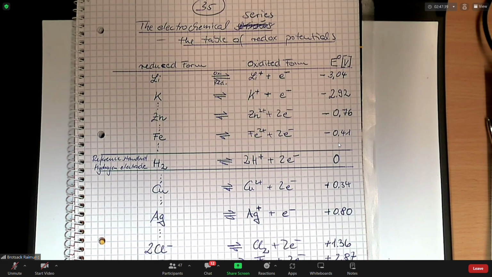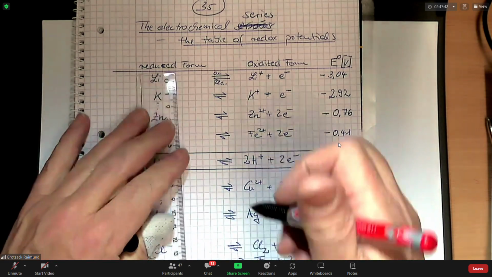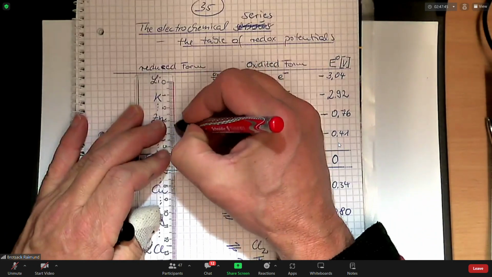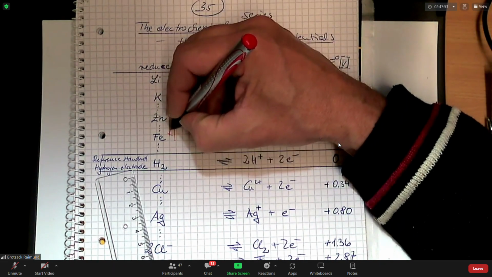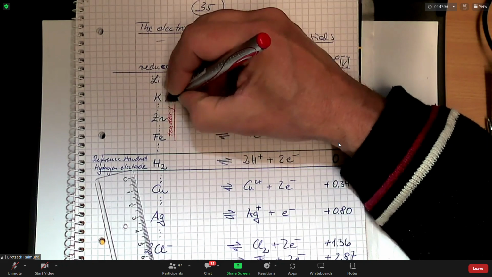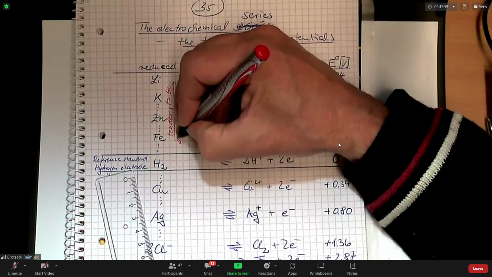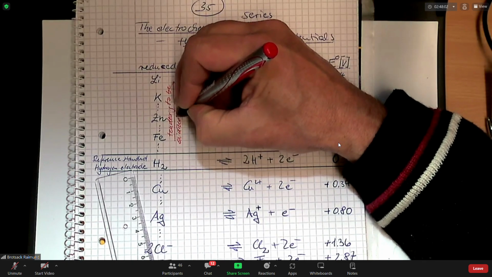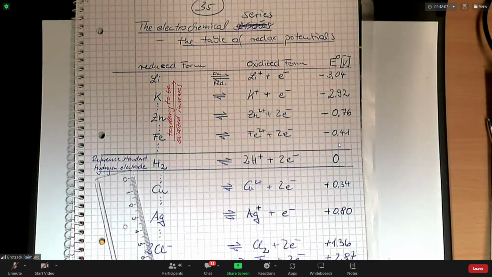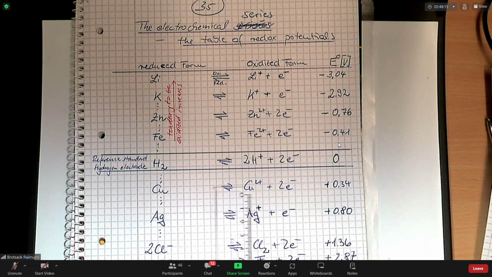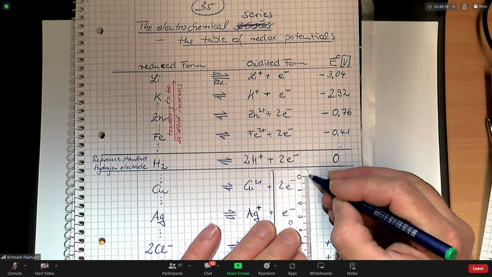So the tendency to be oxidized increases bottom up here. And the tendency to be reduced increases top down.